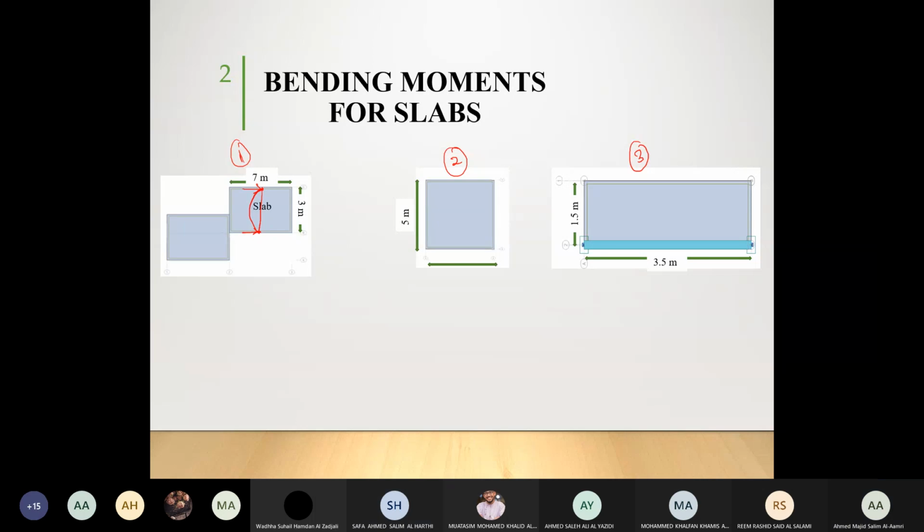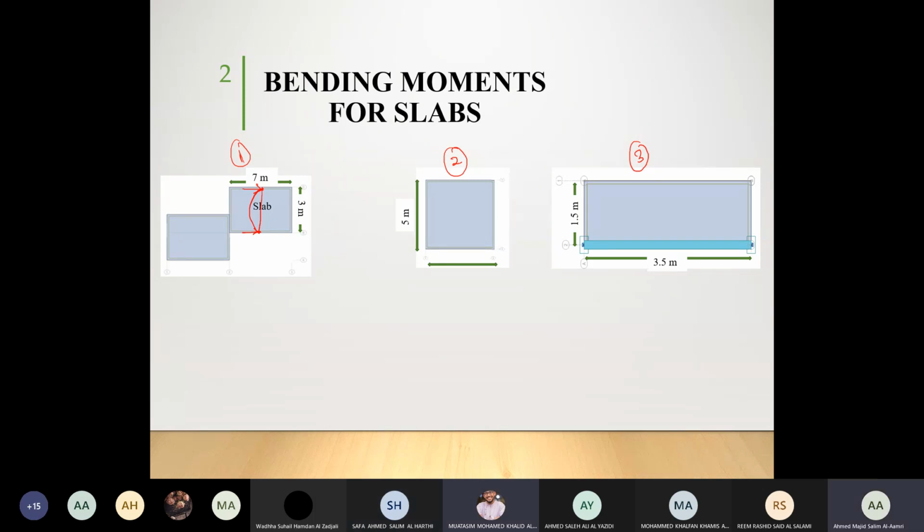If one dimension has been given only, it means the second dimension is the same. So if it's 5, then the other dimension is 5. Now 5 divided by 5 will give you 1. Is it a one-way slab or two-way slab? Two-way slab.